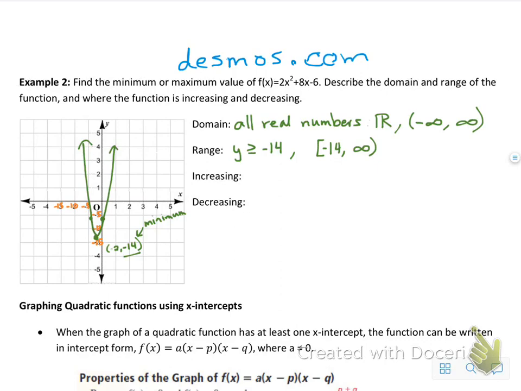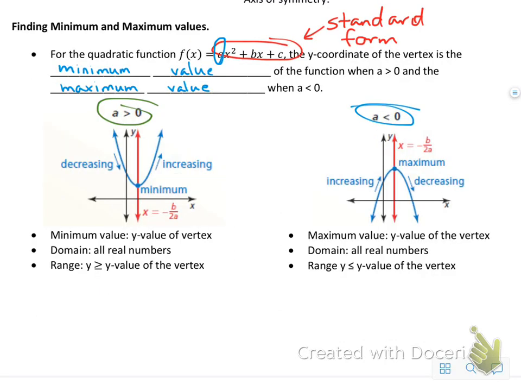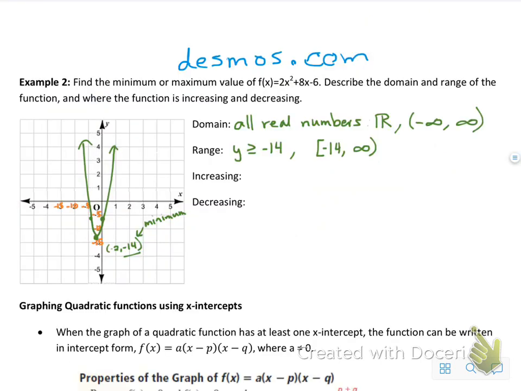Now, where is it increasing? Well, let's look over again here. It's increasing on the right side because that's where it's going up, and it's decreasing on the left side because that's where it's going down. So let's mark that. This is where it's increasing, and this is where it's decreasing. Well, that has to do with our x values because it's going left to right.